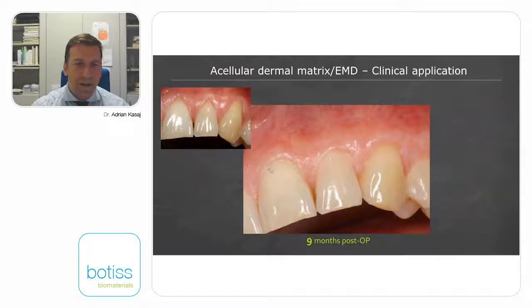And you can see here in this case complete root coverage, also thickening of the functional marginal tissue, also some gain of keratinized tissue if you compare here this area to this area, also here and also in the canine region.